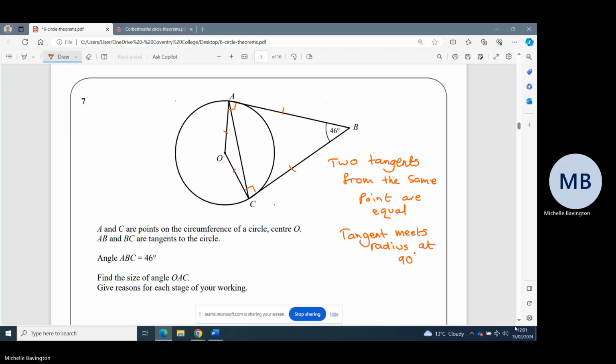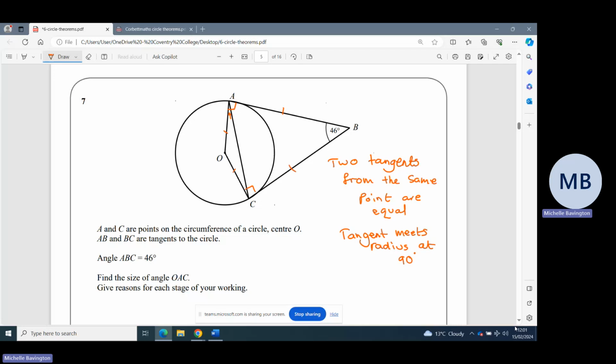Okay. So here I've got an isosceles triangle here, and I've got a quad here. Now what we're looking for, A, B, C is 46. We know that. OAC, so we're looking for A. We're looking for that tiny, tiny bit there. Okay, that's what we're looking for.